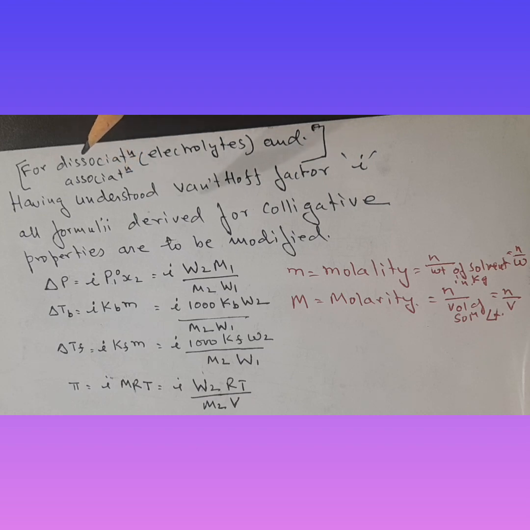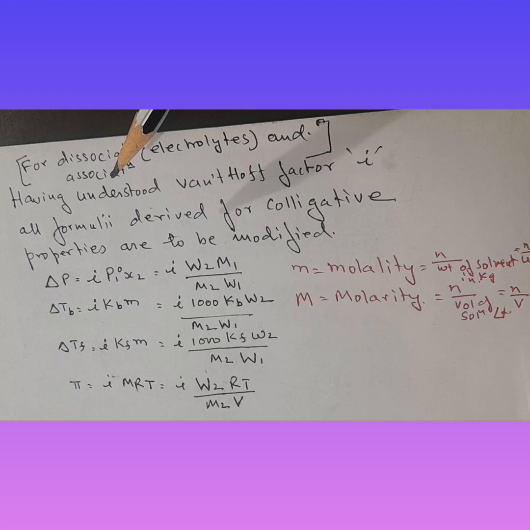We had seen in our earlier video that acetic acid, when taken in benzene, associates to form a dimer. This dimer formation is owing to hydrogen bonding and other dipolar effects. So that is association. What is dissociation?